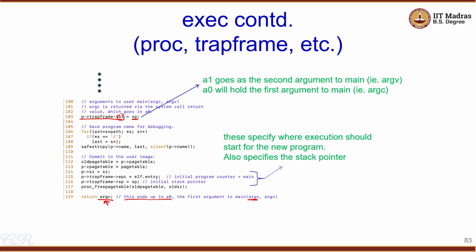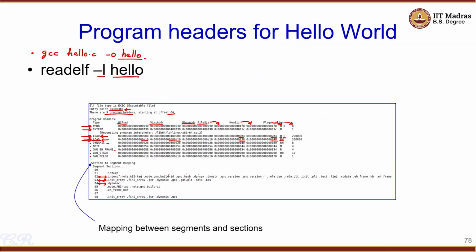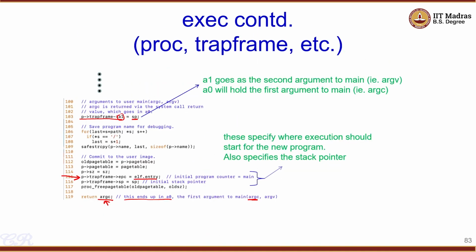Yeah, one important thing is the aspect of this, right? And we see that we set p->trapframe->epc to be equal to elf.entry, right? So recollect what entry is in an ELF file. So going back, we see that here is the value of entry, which is 0x4004b0, which essentially tells us where the program should start executing, right?